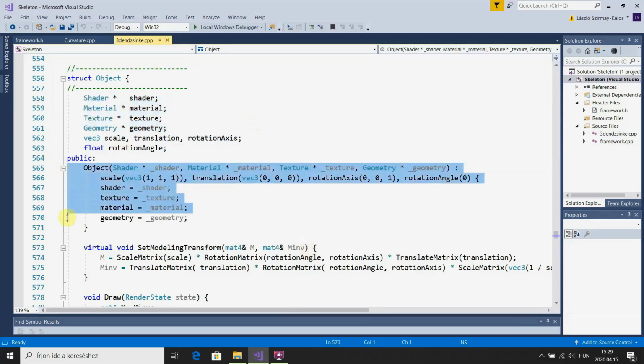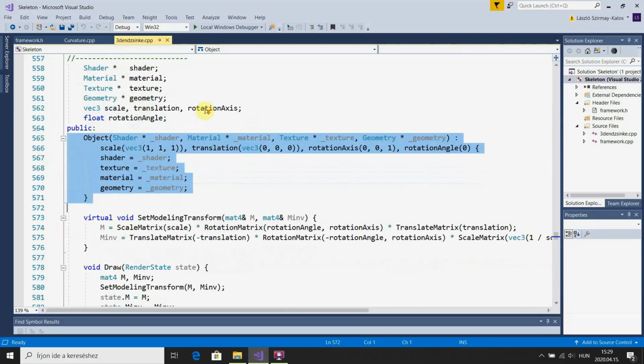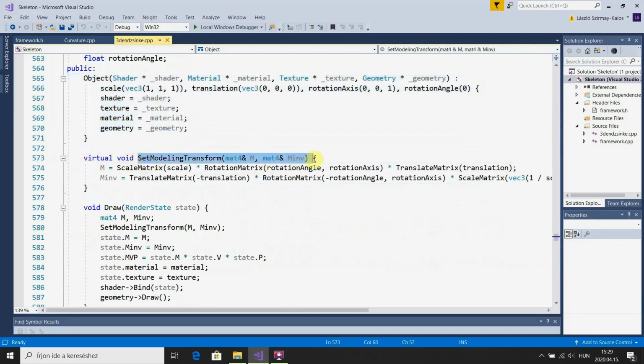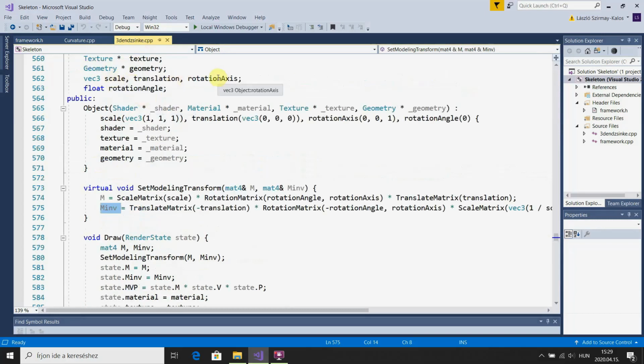The constructor initializes these parameters, we have a set modeling function that computes the modeling transformation and also the inverse of the transformation matrix. We need the inverse to transform the normal vectors, while points are transformed with modeling transform M. These matrices are computed from the animation parameters, scaling, rotation, and translation. And the modeling transformation first scales the object, then rotates around the rotation axis by rotation angle, and finally applies a translation.